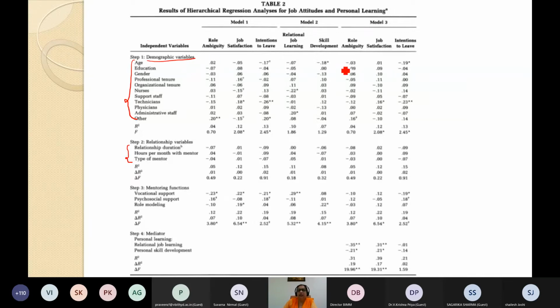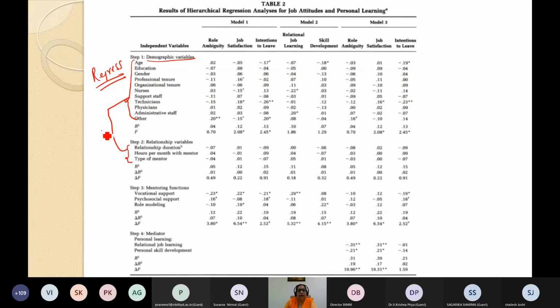So you first regress the values on the data collected for the first group or the first model. Then you want to know, is there any variation with bringing in relationship duration, hours per month with mentor and types of mentor.